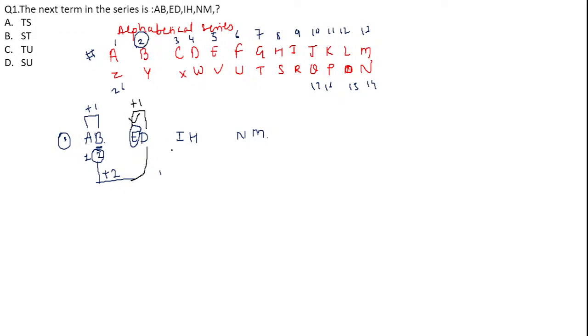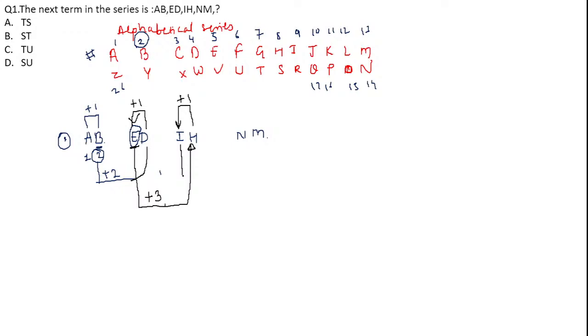Now if we add plus 3 to E, so basically there is plus 1, then plus 2 and then plus 3. If we add plus 3 to E we get H, because H is at the 8th position, right? Then we add plus 1 to H, we get I. Correct?